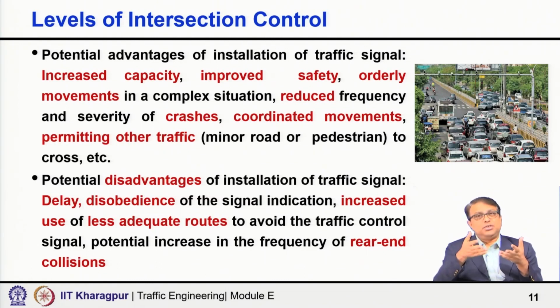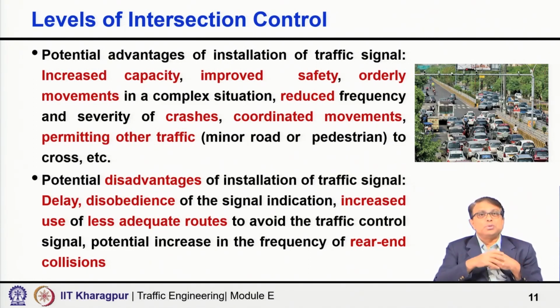It reduces the frequency and severity of crashes, helps coordinated movement of vehicles along the corridor, and permits other traffic to move safely. That means minor road traffic or even pedestrians can cross the road safely, or minor road traffic can do the maneuver safely. So, the basic things are increased efficiency, increased safety, orderly movement, etc.